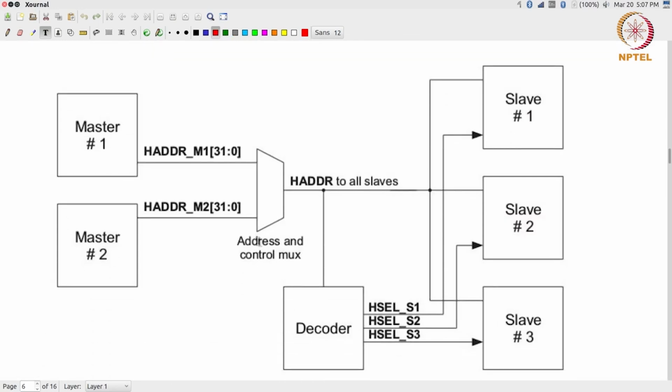How does this multiplexing actually work? The masters go through the address and control mux. This decoder takes part of the address, and that then determines the HSELECT S1, HSELECT S2, HSELECT S3 signals. We already saw that is how memory mapped interfaces work.